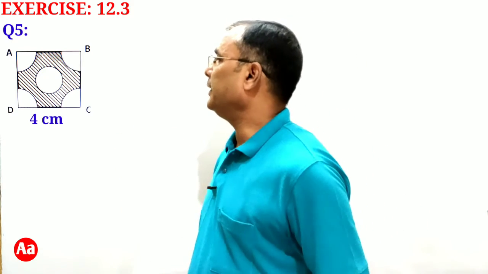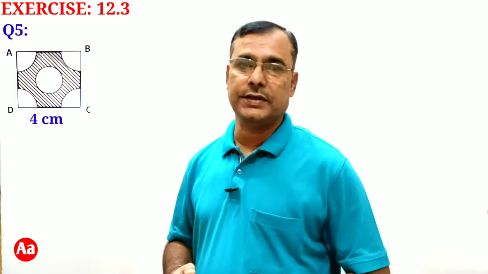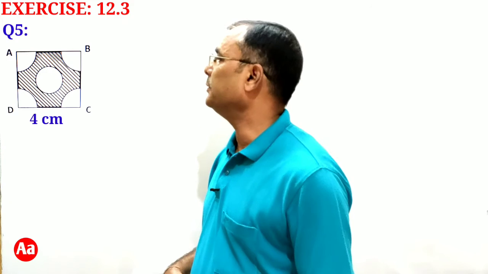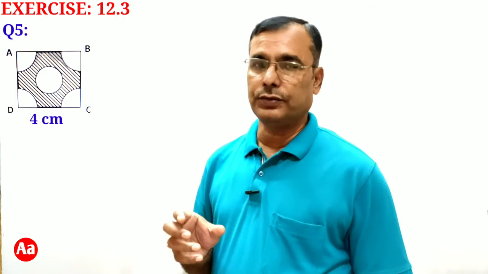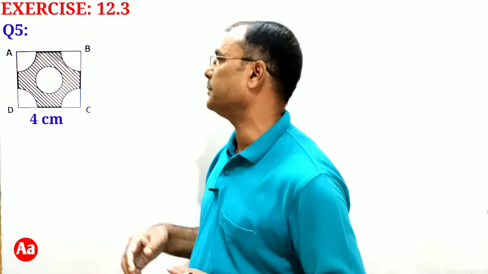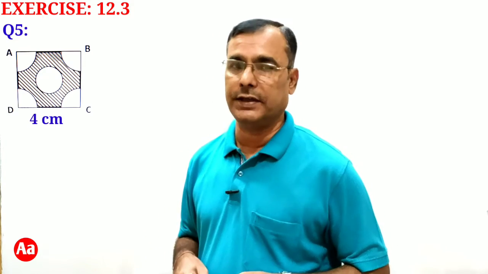In this given figure, from 4 corners of the square ABCD of side 4 centimeter, a quadrant of radius 1 centimeter is cut, and also a circle of diameter 2 centimeter is cut from the middle of the square as shown in this figure. We have to find the area of the remaining portion of the square.